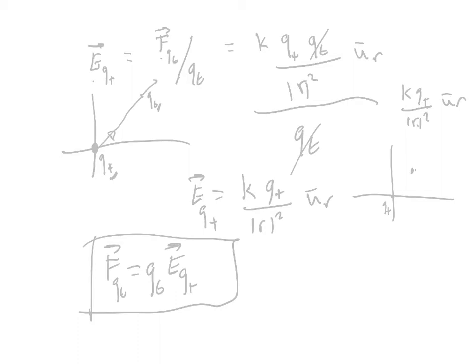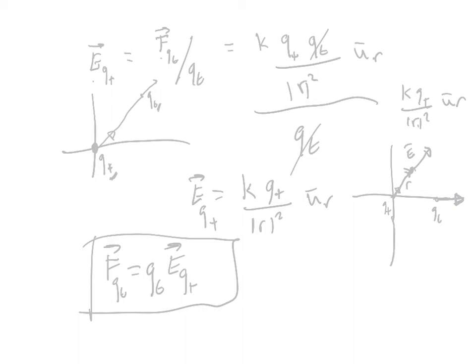So you draw the vector r, you imagine the vector u sub r, which is a unitary vector, so at every point there is an electrical field associated. This is the electrical field at this point. At this point, if you put Q test here, the electrical field will be like this. It will have a magnitude and a direction.